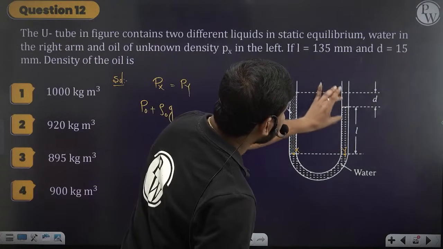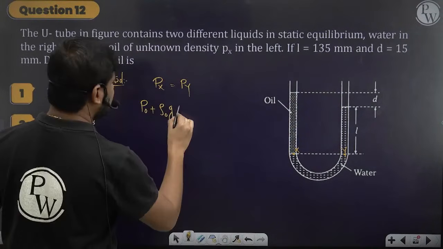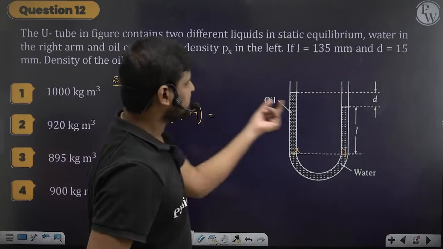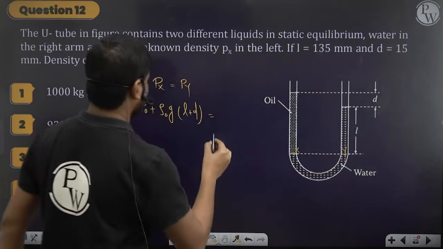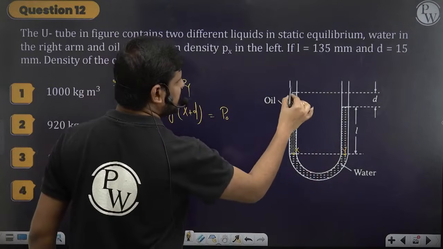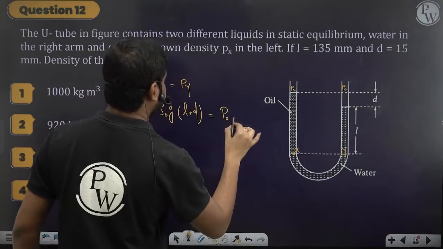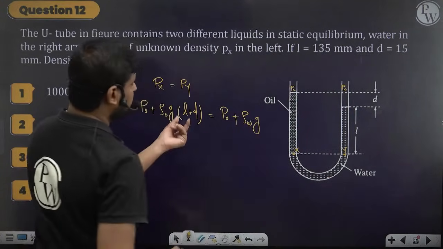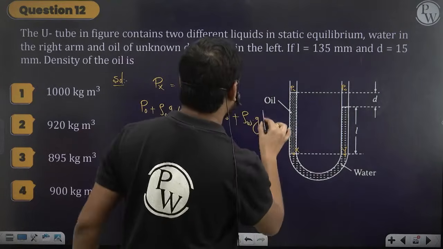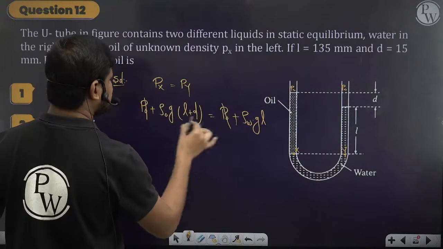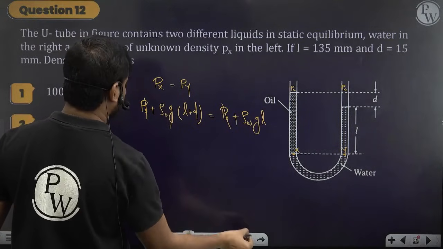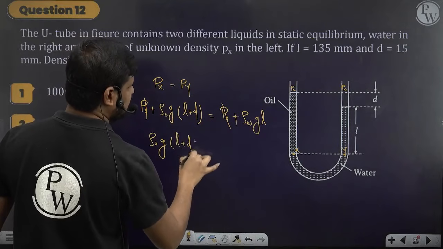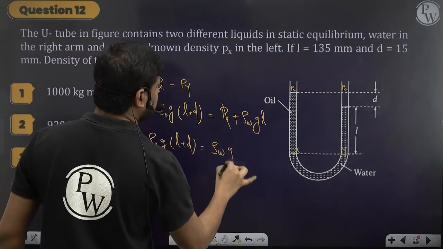This height is L, this length is D, so I can write L plus D. That equals the pressure at Y. The atmospheric pressure here is P naught and here also P naught, plus the density of water into g into L. So P naught gets cancelled. So rho of oil g into (L plus D) is equal to rho W into g L.